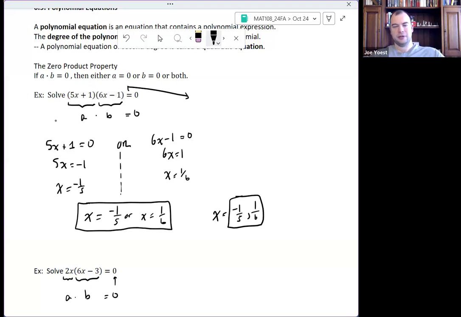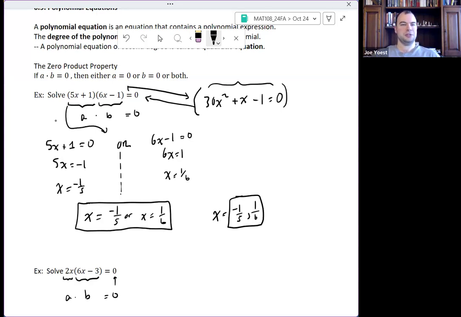I could have thought of this as the quadratic equation: 30x squared plus x minus 1 equals 0, from 6 times 5 is 30, then minus 5x plus 6x is plus x, and 1 times negative 1 is minus 1. It's really this more complicated looking quadratic equation that I could convert into something like this and then use this solution method.